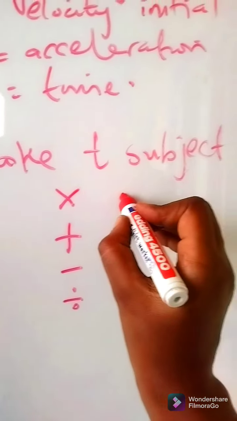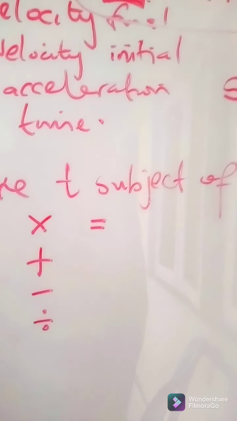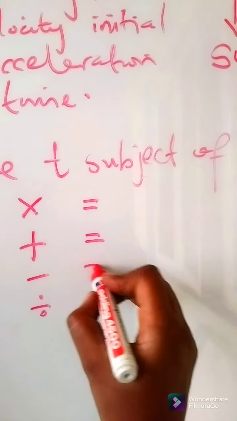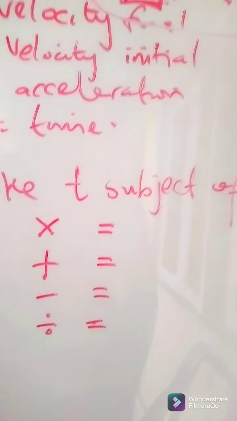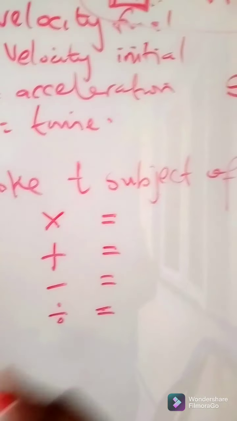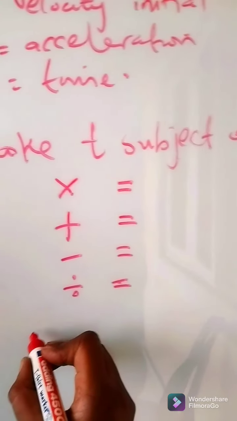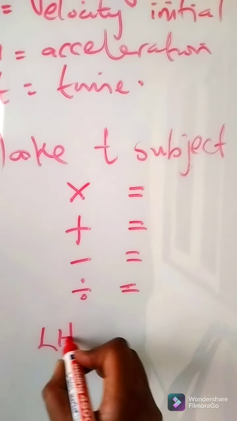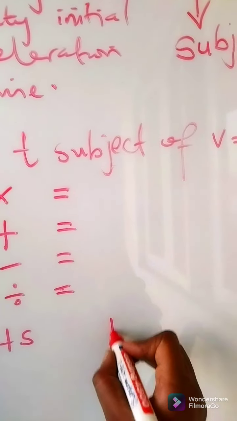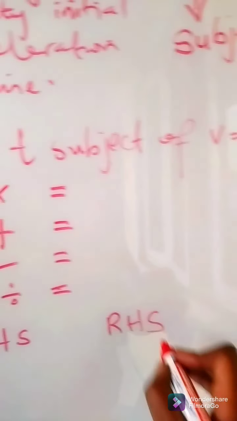Then we also have an equal sign. If you have an equation, you have two sides of the equation. This is known as the left hand side, while this is known as the right hand side.